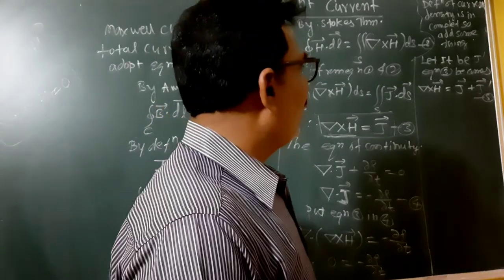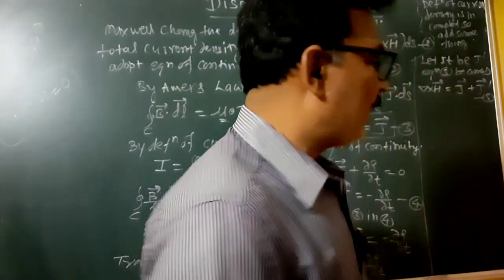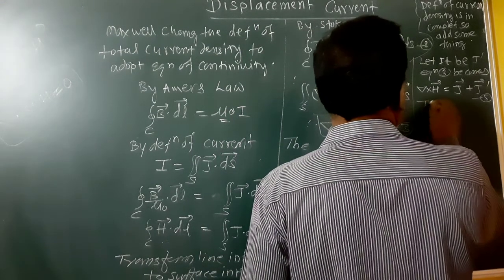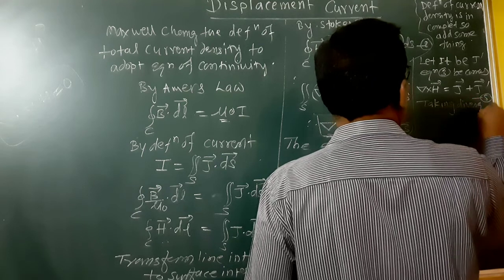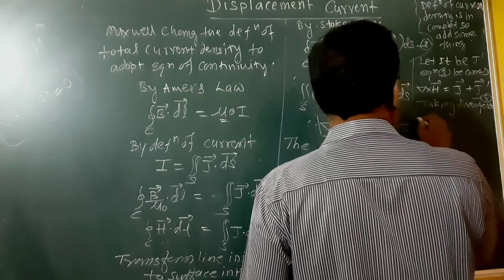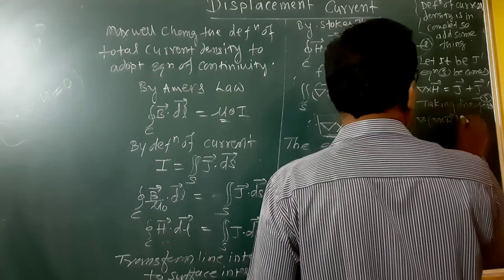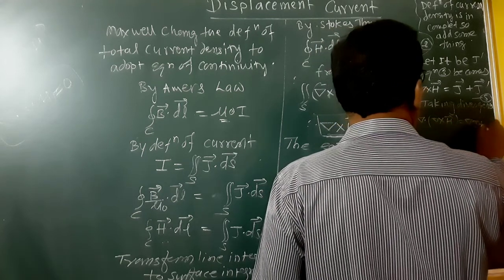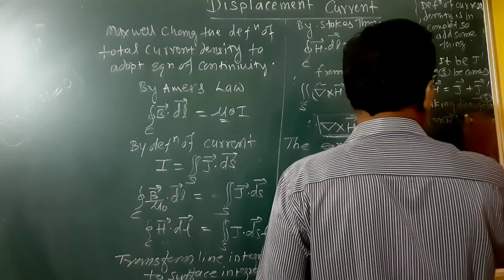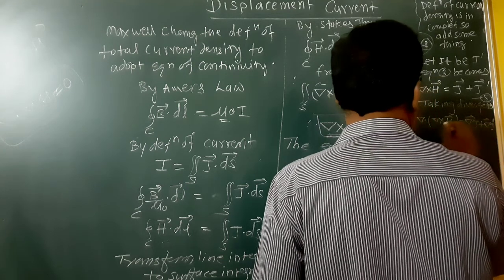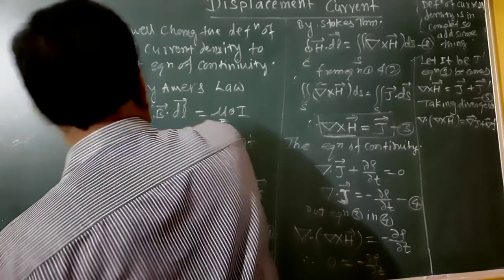Now in order to identify J bar dash, we take the divergence of the curl of H bar, which is divergence of J bar plus divergence of J bar dash. And divergence of curl of H bar is 0.